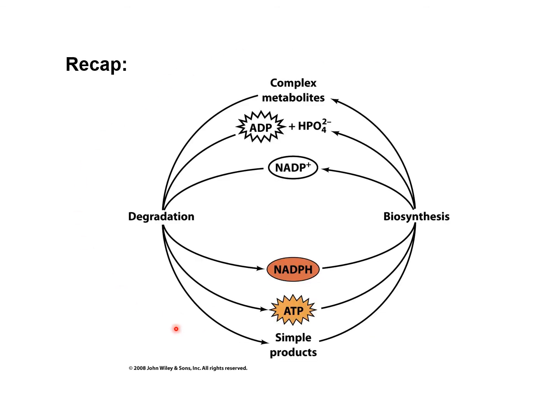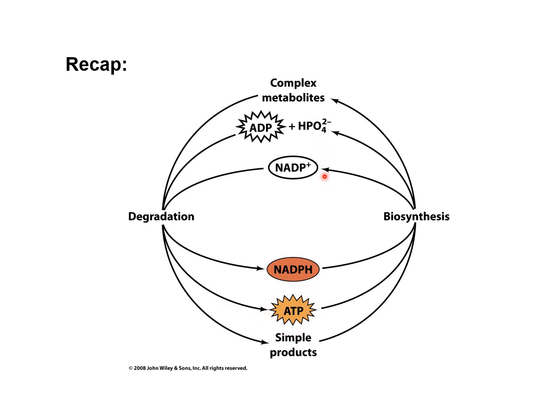This picture shows a highly simplified representation of metabolism, which has two big parts, catabolism and anabolism. Catabolism is about the degradation, or breaking down, of complex metabolites into simple products. Through that process, those metabolites are oxidized with the help of coenzymes such as NADP plus or NAD plus, which get reduced themselves, and a lot of energy is generated during this process and stored in the form of ATP.